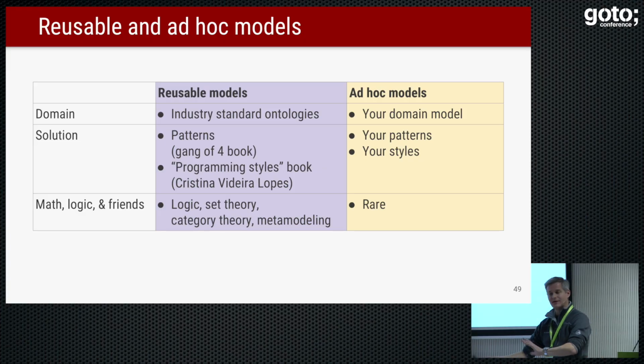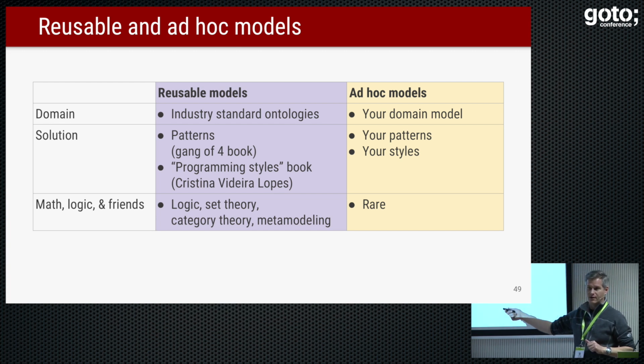The solution, in the books, you're gonna find things like the design patterns book, you're gonna find architecture styles. But on the other hand, you're gonna come onto your team and you're gonna find out that they've got quirky different ways of doing things, right? So it's a combination of design knowledge that you get in books, design knowledge that you develop on your team. And then of course, math and logic and so forth, most of that stuff comes from books.